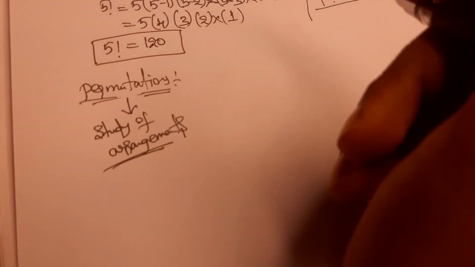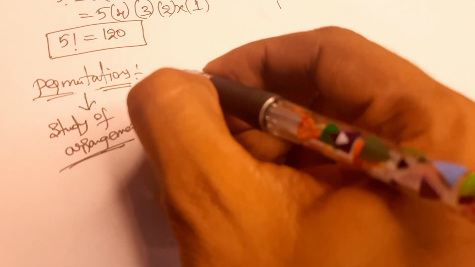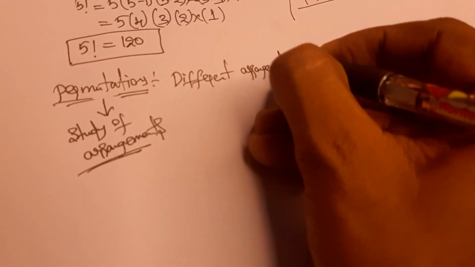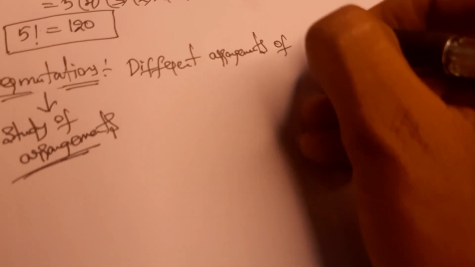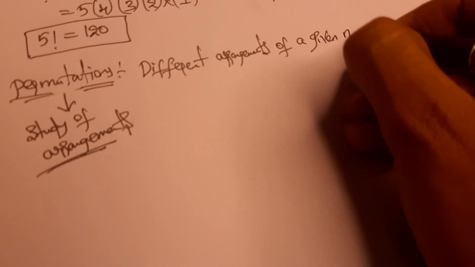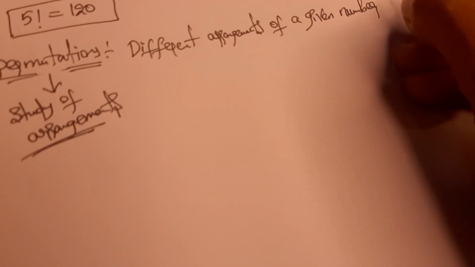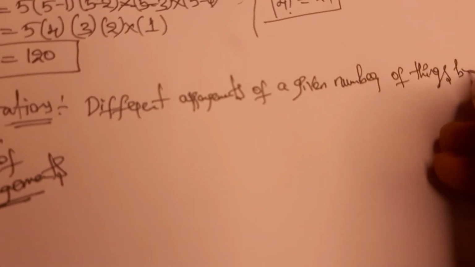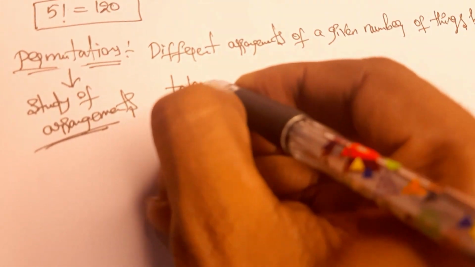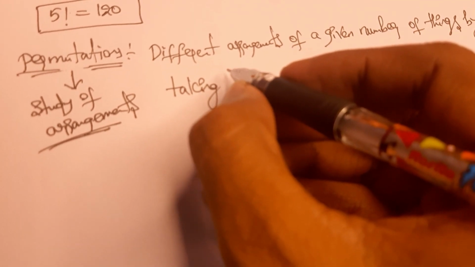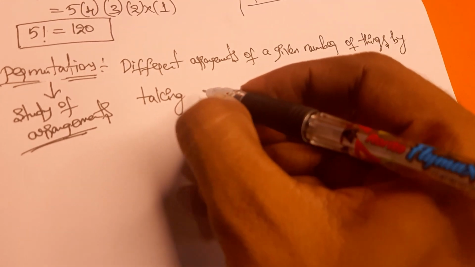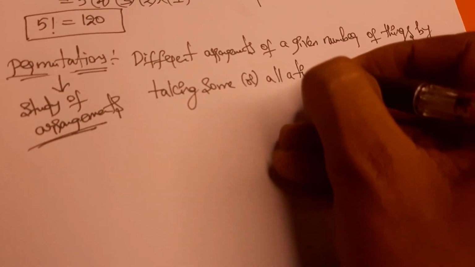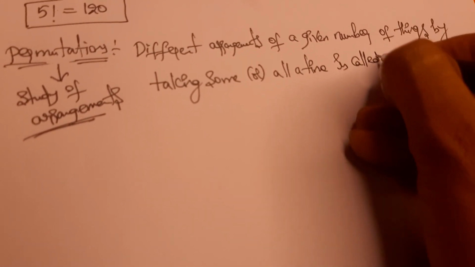The standard definition for permutations: the different arrangements of a given number of things by taking some or all at a time are called permutations.